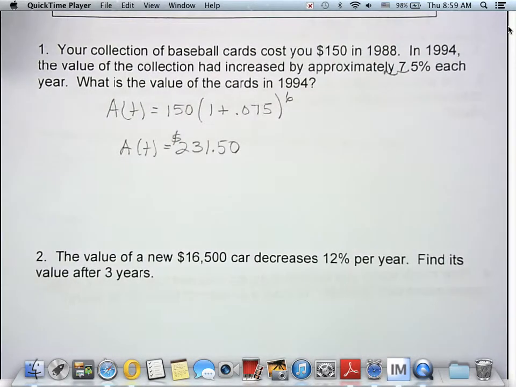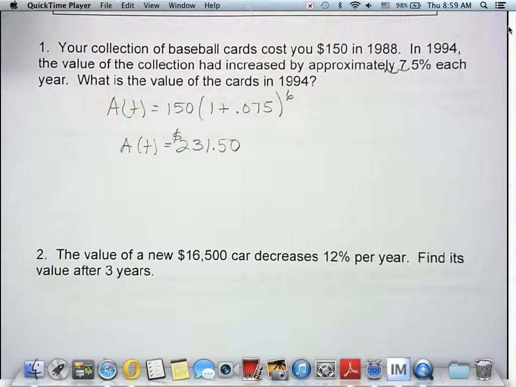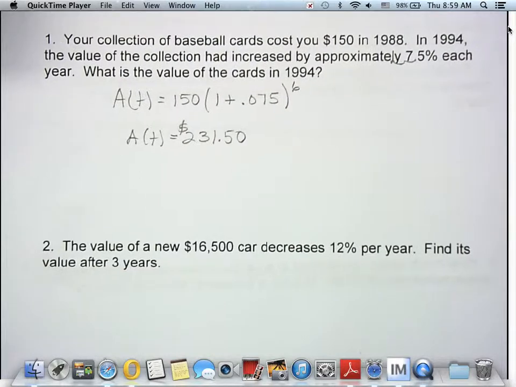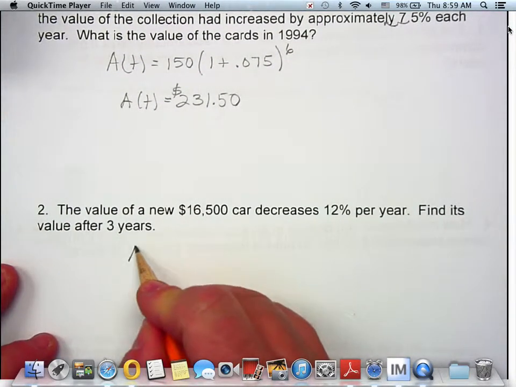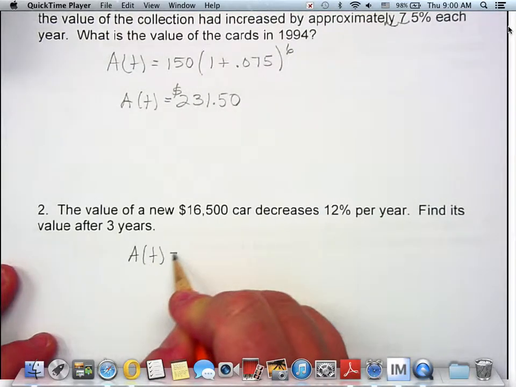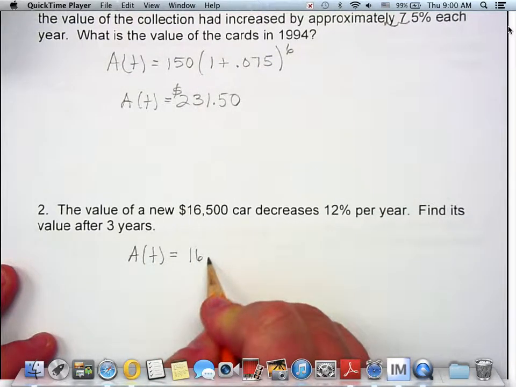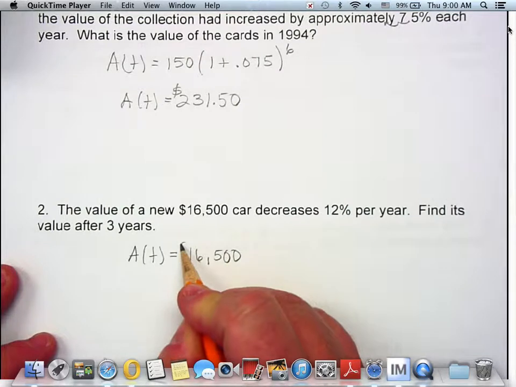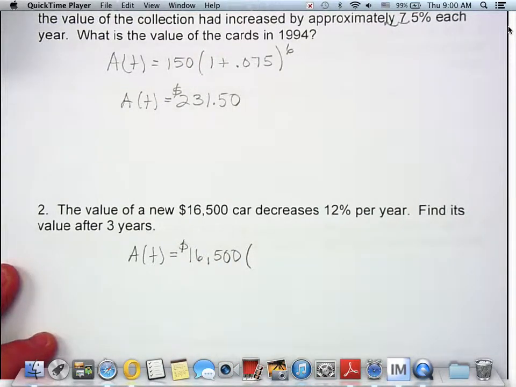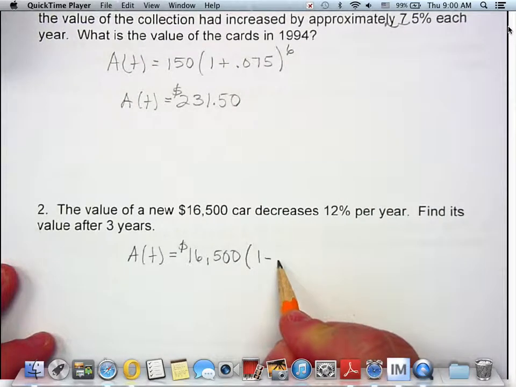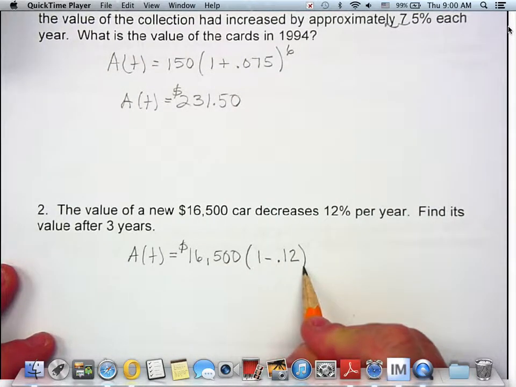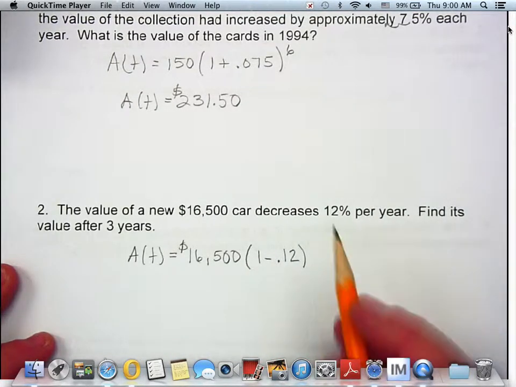Now number 2, the value of a new $16,500 car decreases 12% per year. Find its value after 3 years. A of T equals 16,500 times 1 minus 0.12, to the third.